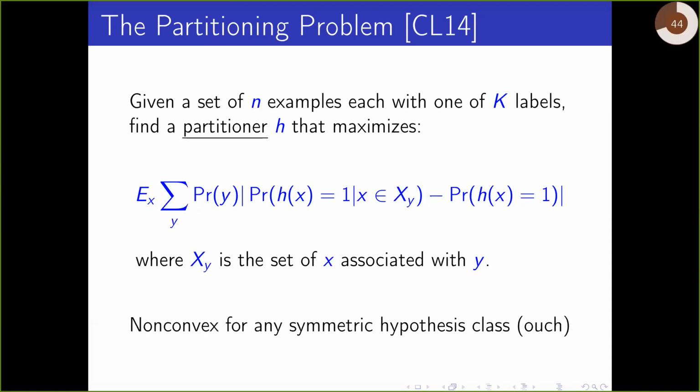Okay, so this is horribly difficult in general, because if your hypothesis class is symmetric, then you lose. What I mean by that is, if for every hypothesis doing a left versus right split, there's another hypothesis which does the opposite, it's a symmetric class. And the convex combination of those two classifiers will end up essentially predicting at large, right?